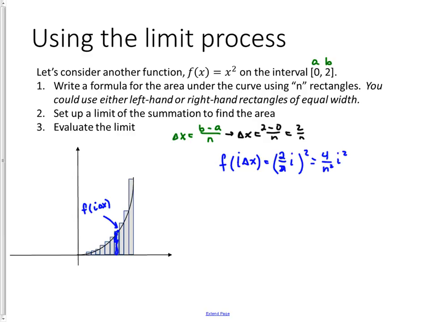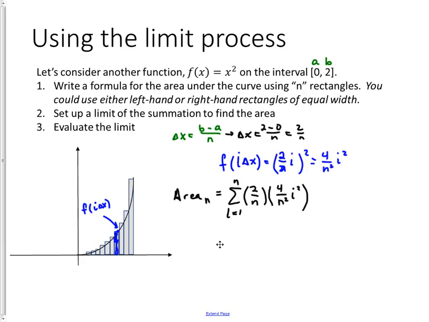And so our formula for the area right here, using n rectangles, would be the sum from i equals 1 to n of 2 over n, the width of each rectangle, times the height of each rectangle, which is 4 over n squared i squared.